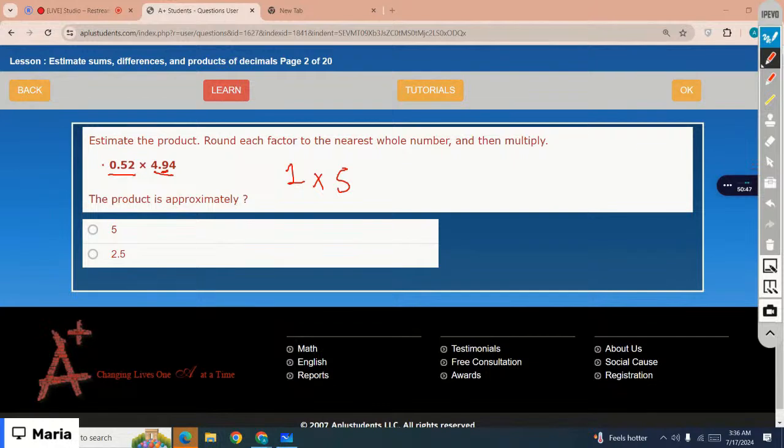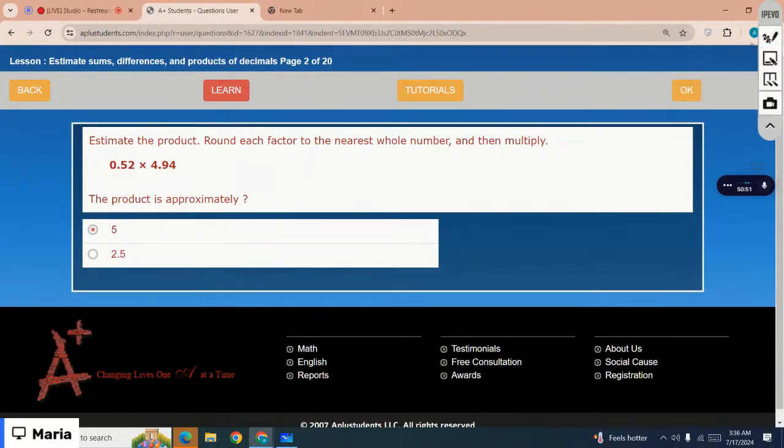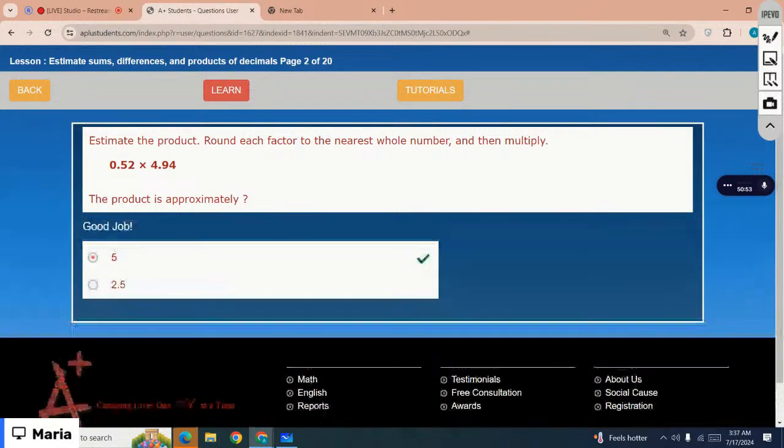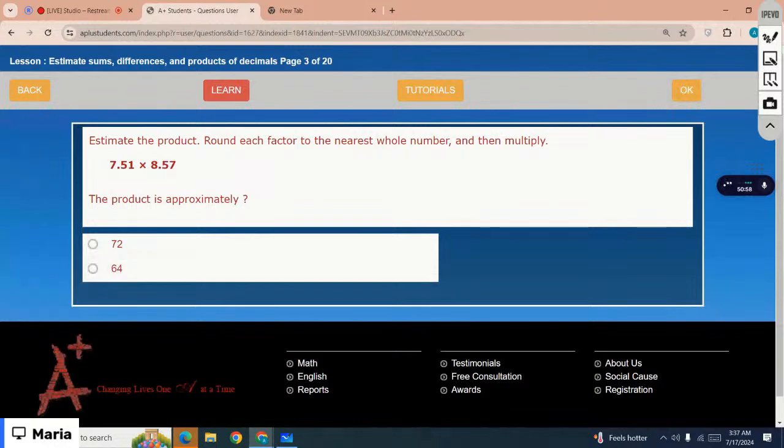So the correct option is option number 1. Okay, the next one is 7.51 times 8.57. So which is the correct option?